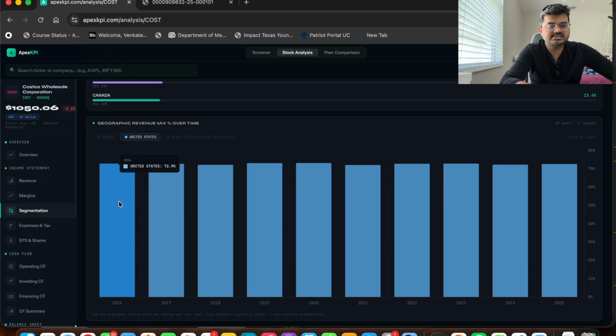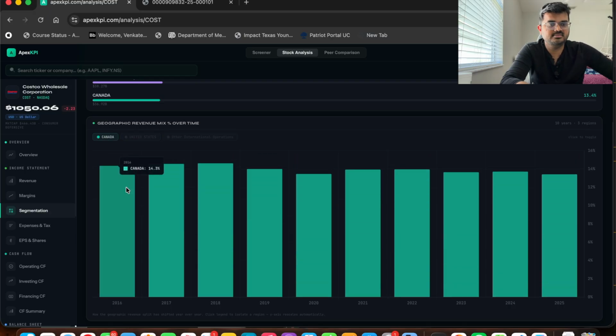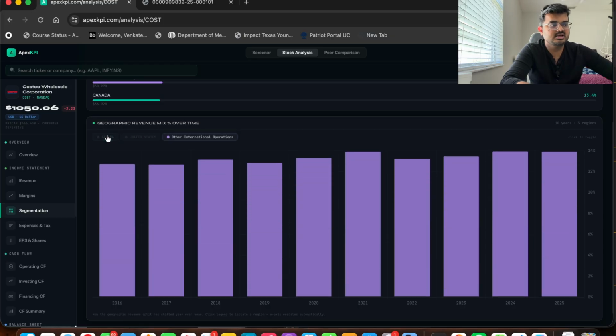In the year 2016, the US contributed 72.9% of Costco's total sales. And if you scroll through, the number is historically in the same range, between 72 and 74%. Canada is also around that 12 to 14% mark, whereas the other international operations are approximately 14% of the total mix.